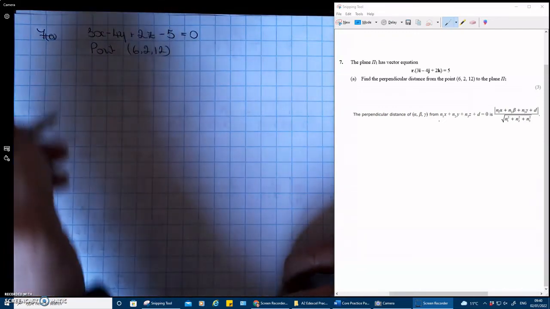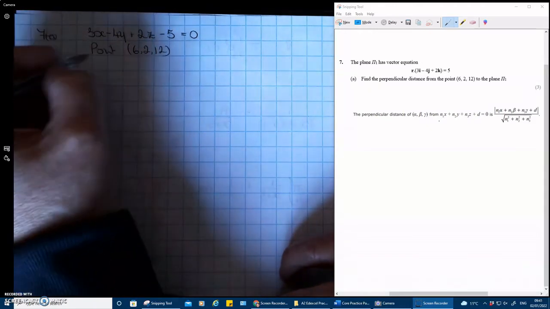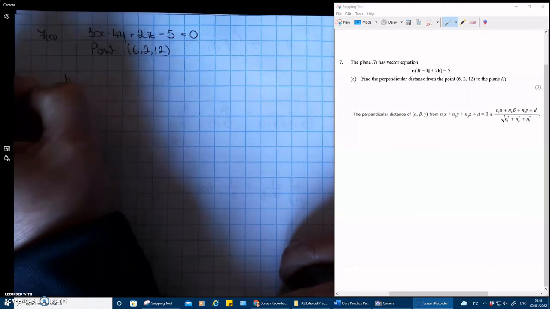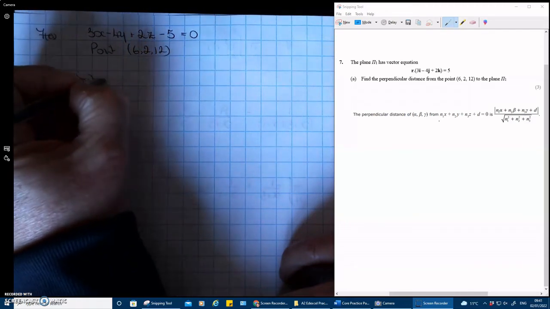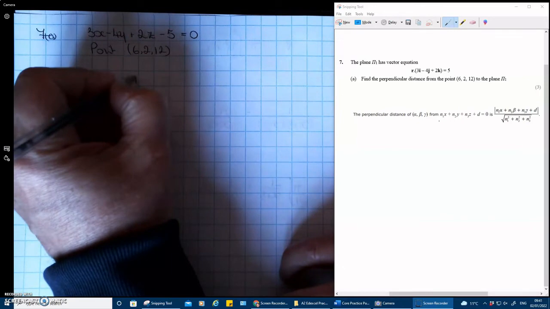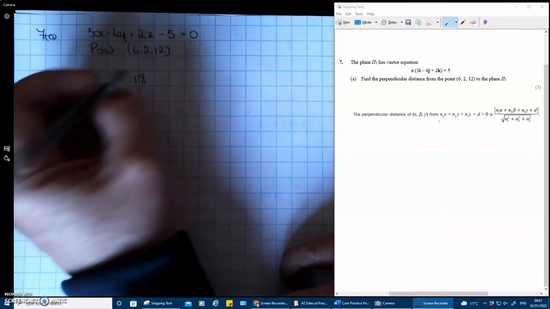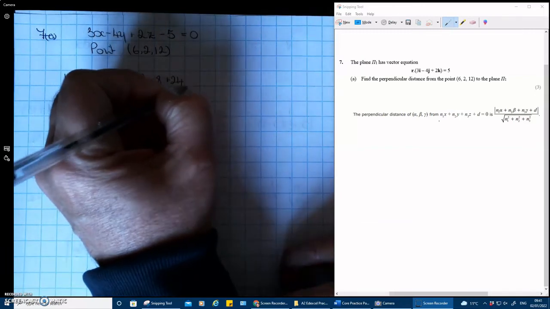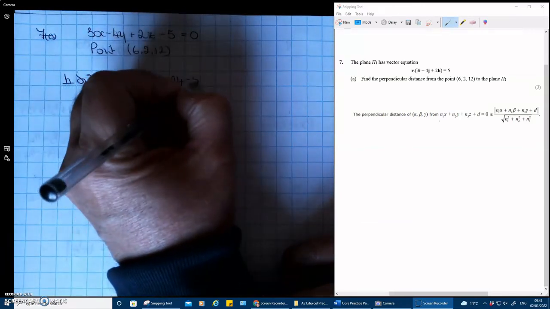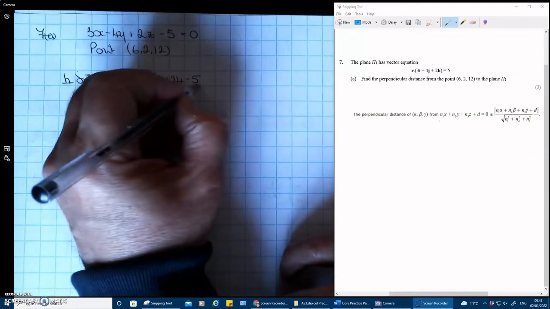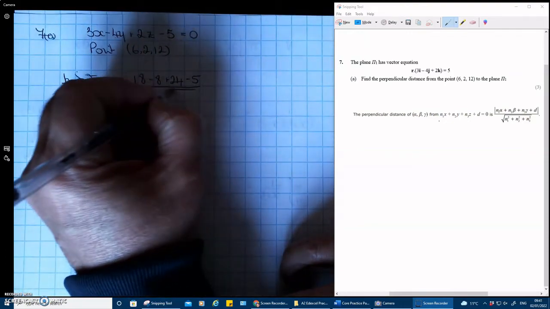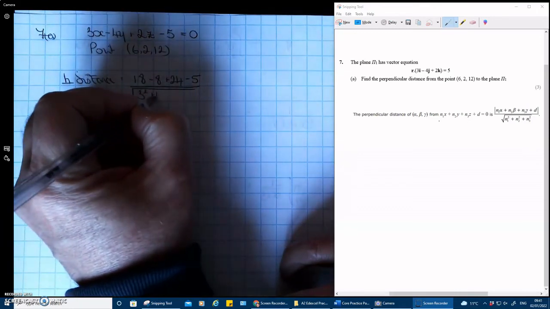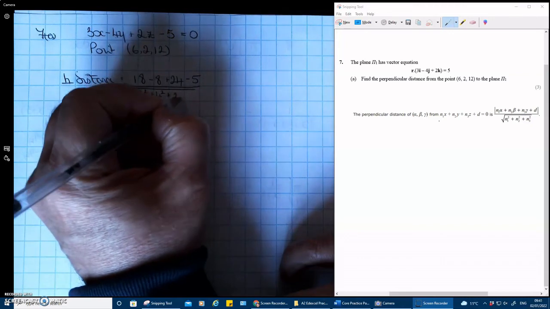So the perpendicular distance, we're just going to plug the numbers in. So perpendicular distance is 3 times 6, take away 2 times 4, plus 2 times 12, plus D, which is minus 5, all over the square root of 3 squared plus 4 squared plus 2 squared.